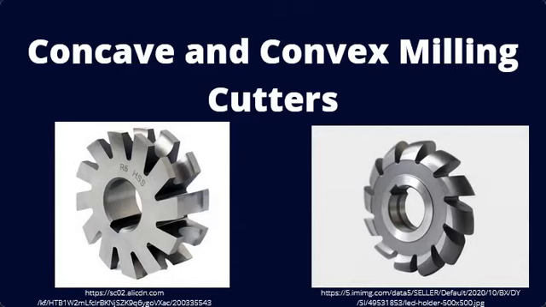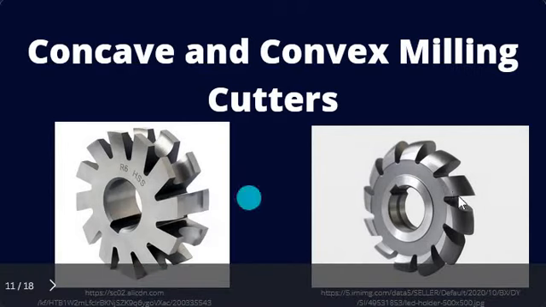It contours of 1/2 circle or less. The size of the cutter is specified by the diameter of the circular form the cutter produces. This is concave and convex milling cutters.